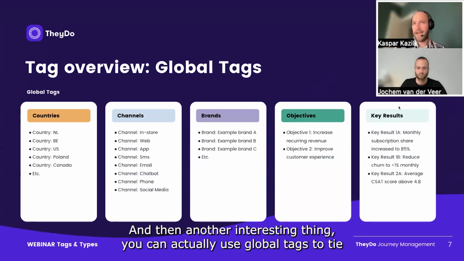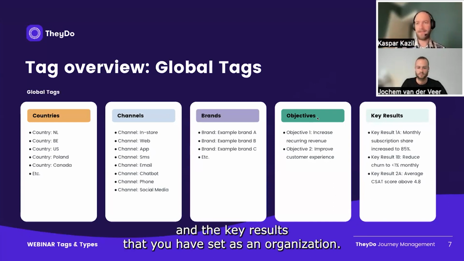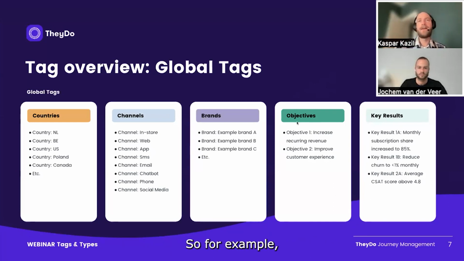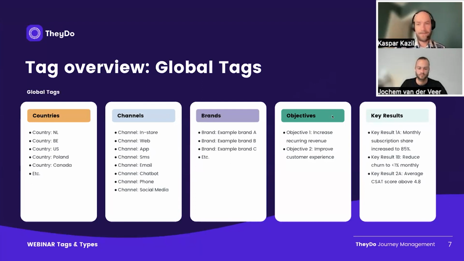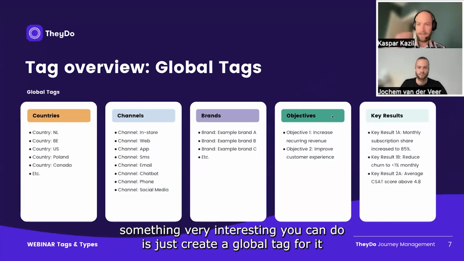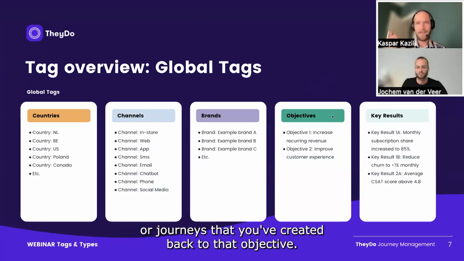And then another interesting thing, you can actually use global tags to tie all the elements in your management system back to the objectives and the key results that you have set as an organization. So, for example, if one of the objectives is, we want to increase recurring revenue, something very interesting you can do is just create a global tag for that and then tag all the different opportunities and solutions or journeys that you've created back to that objective.